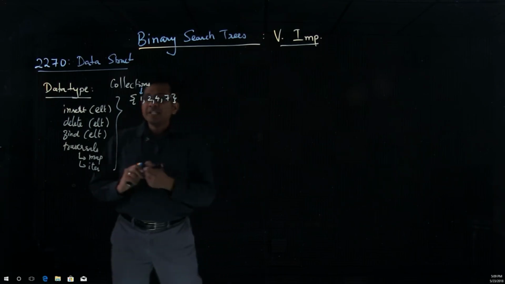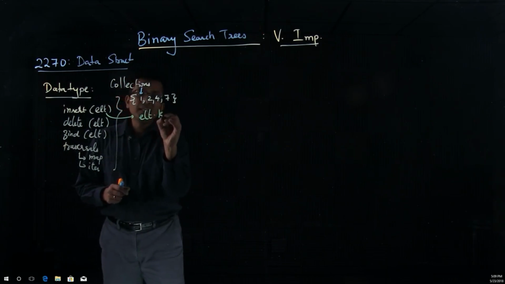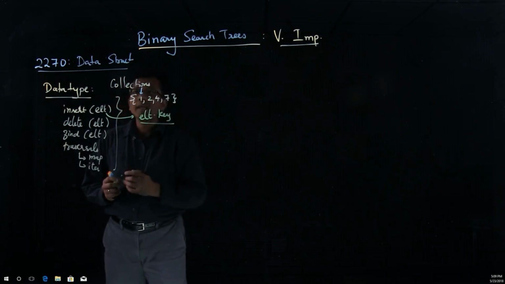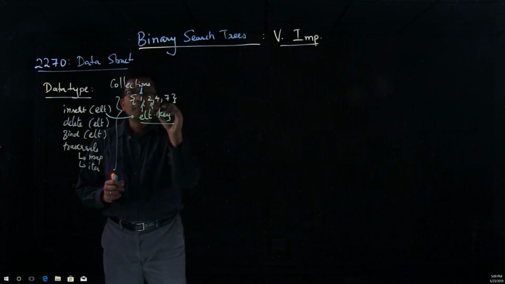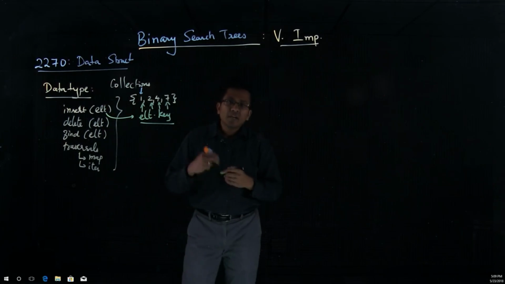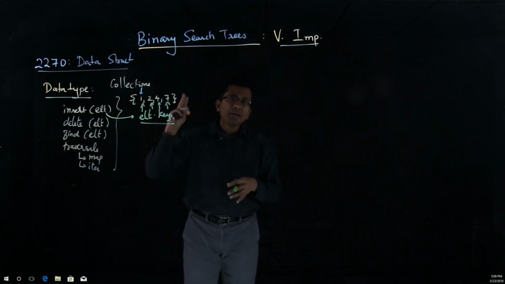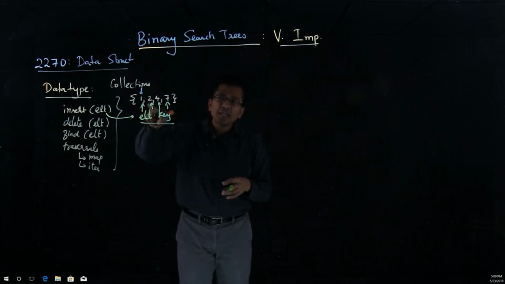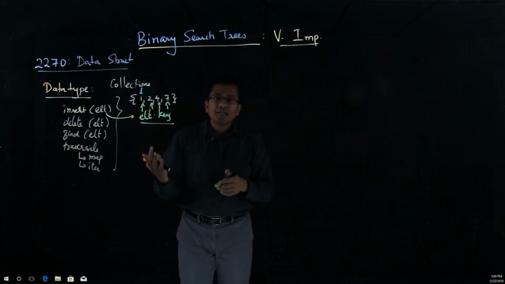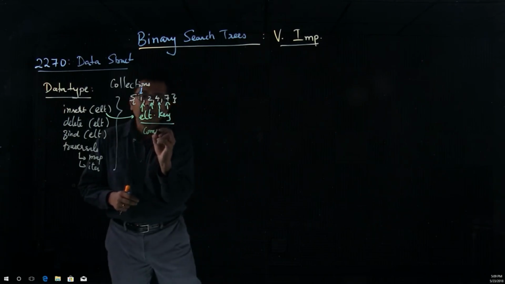All right. Now each element has an important member called the key of the element. And the key is always going to be a number. So I'm going to pretend that all the elements are numbers, even though they may be different from numbers. But let's assume they have a key, and the key is going to tell us a number corresponding to that element so that we can compare elements.